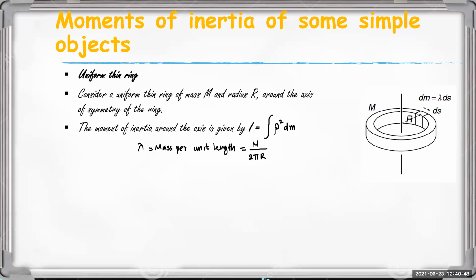If we take a particular small length, here in the figure, this length is taken as ds, then that particular length into lambda must be the total mass in that area, or the differential mass can be written as dm is equal to lambda ds.